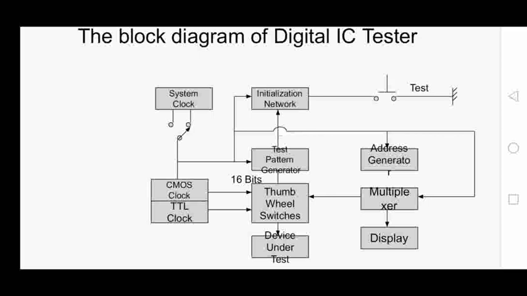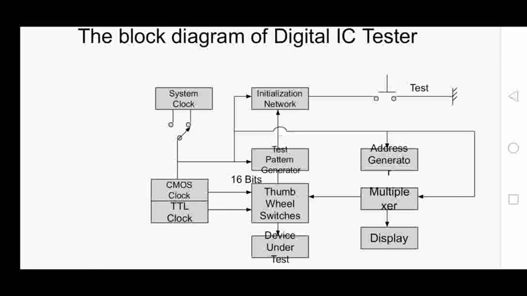Due to that, the system clock may be connected to either a CMOS clock or a TTL clock. These clock pulses are applied to all the pins of the digital IC.